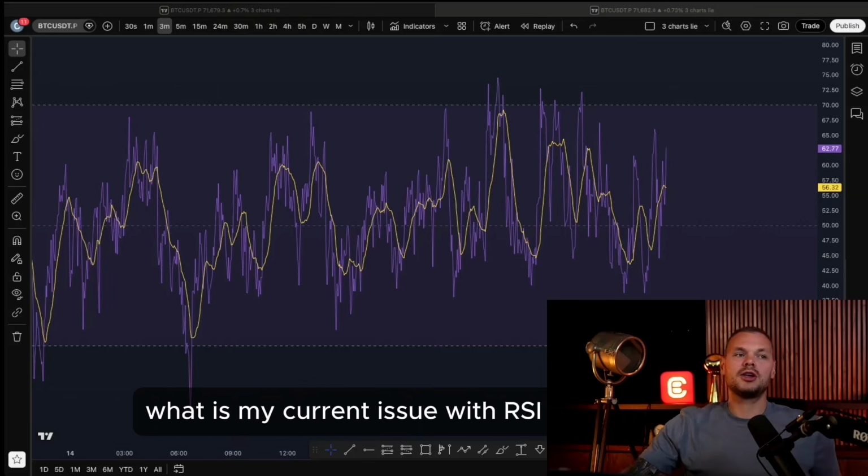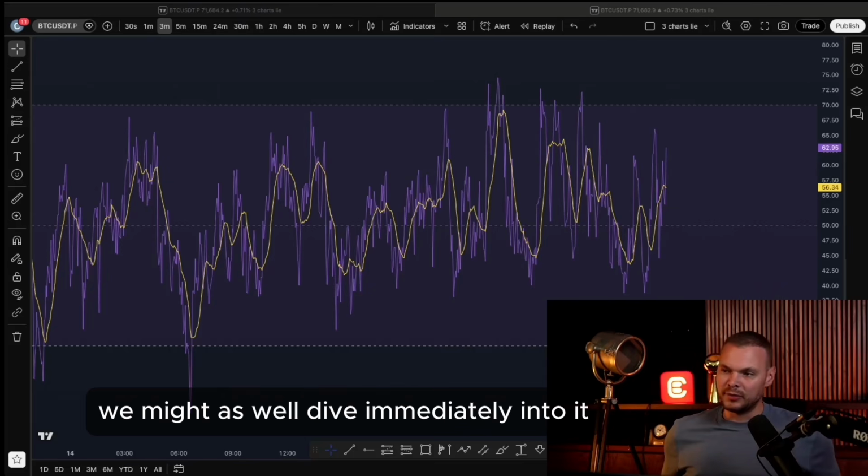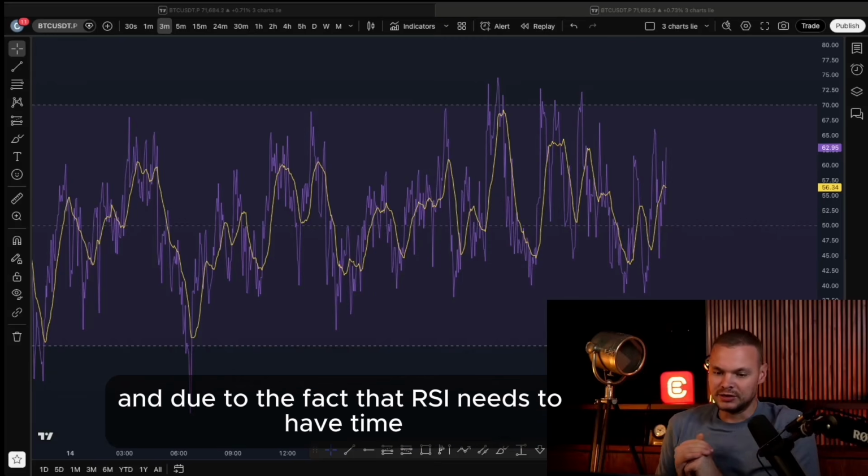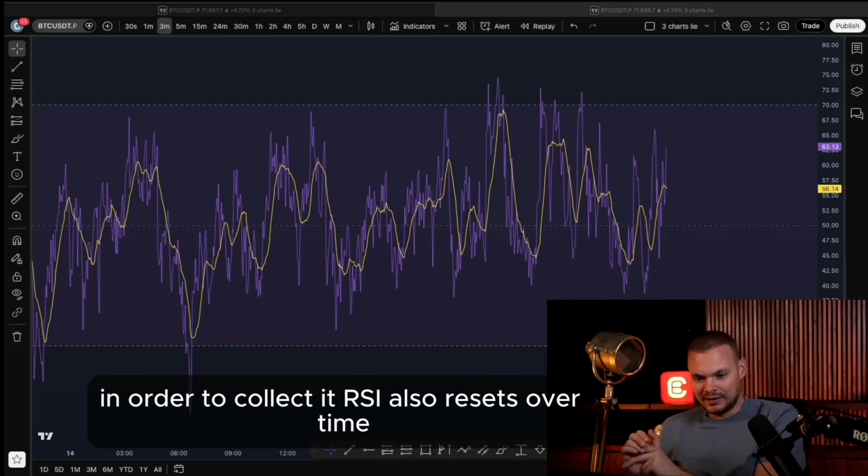What is my current issue with RSI? We might as well dive immediately into it before we explain the rest. Due to the fact that RSI has the latency, and due to the fact that RSI needs to have time in order to collect data, RSI also resets over time.